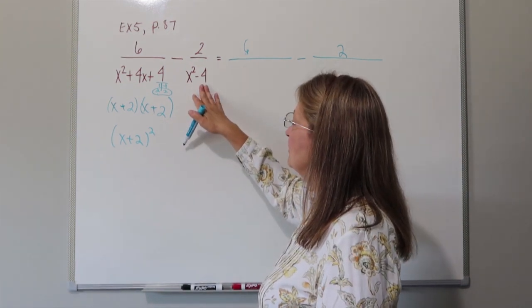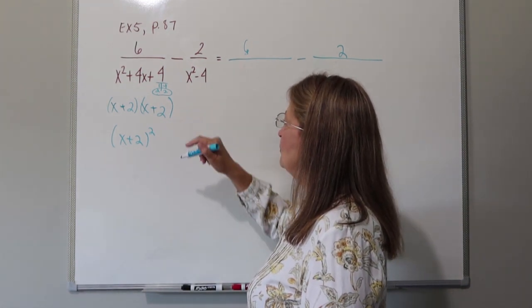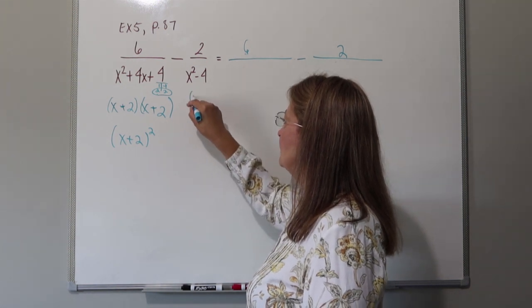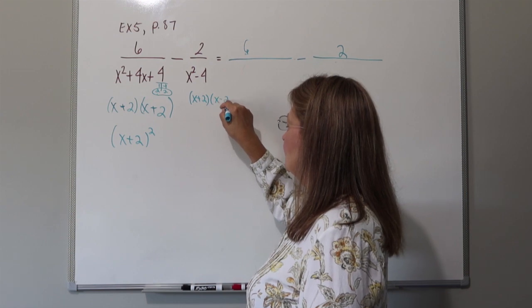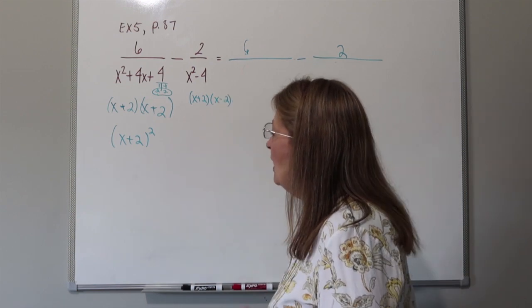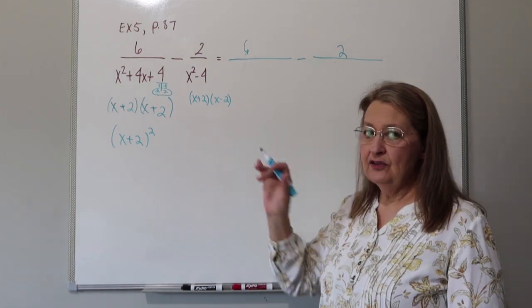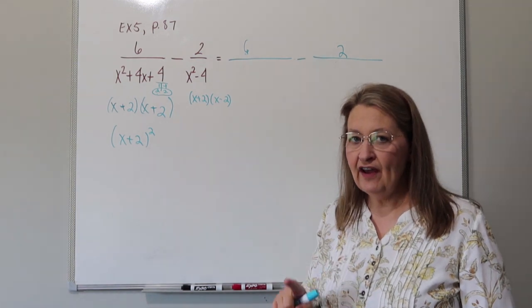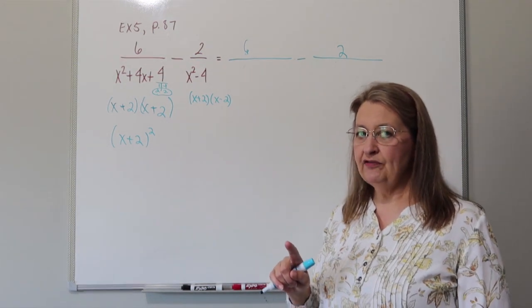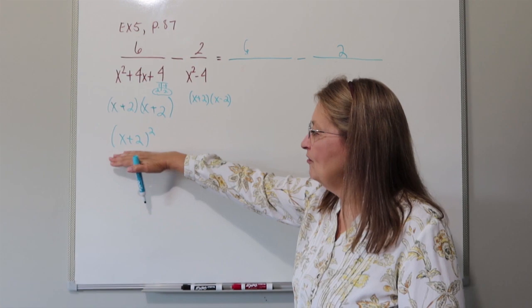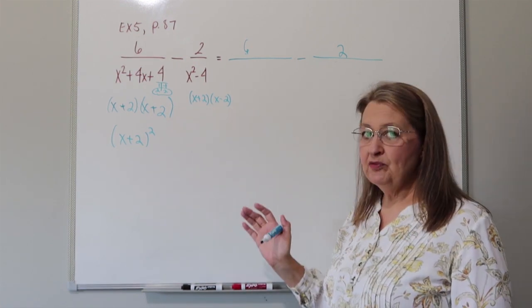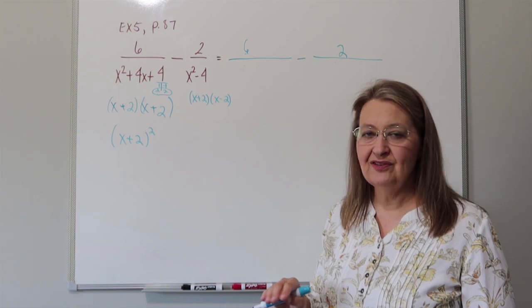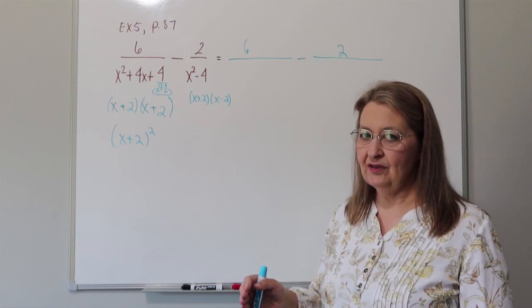Alright, here we have a difference of 2 squares. What is x squared minus 4 going to be? Well, it's going to be x plus 2, x minus 2. Now to get our LCD of this, remember you take one of each factor and the highest power of each one. Here my factor is x plus 2 squared. Here I have x plus 2, x minus 2. Now remember, x plus 2 is not the same as x minus 2.